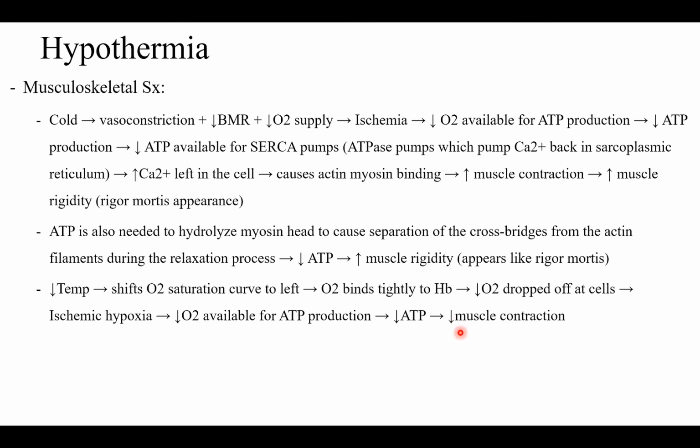So by decreasing muscle contraction, that means that muscles are not able to move, and that's why if you try to help this hypothermic patient, they're not able to grab onto anything, a rope or a rock or anything, because their muscles are not getting any oxygen or ATP.